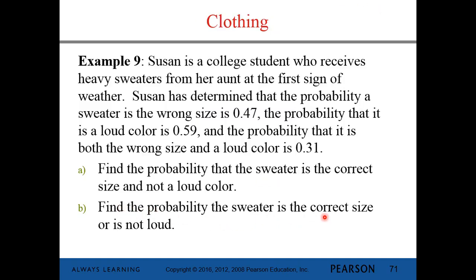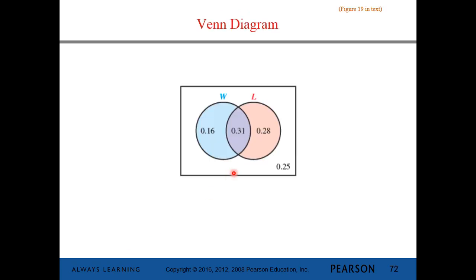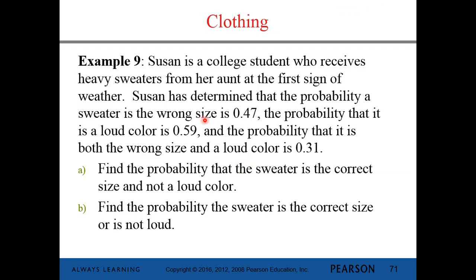Find the probability that the sweater is the correct size or is not loud. Okay. Is the correct size, so what's the correct size? The correct size is outside this. What's the probability of being the correct size? That's 0.53. Okay, what's the probability of not loud?